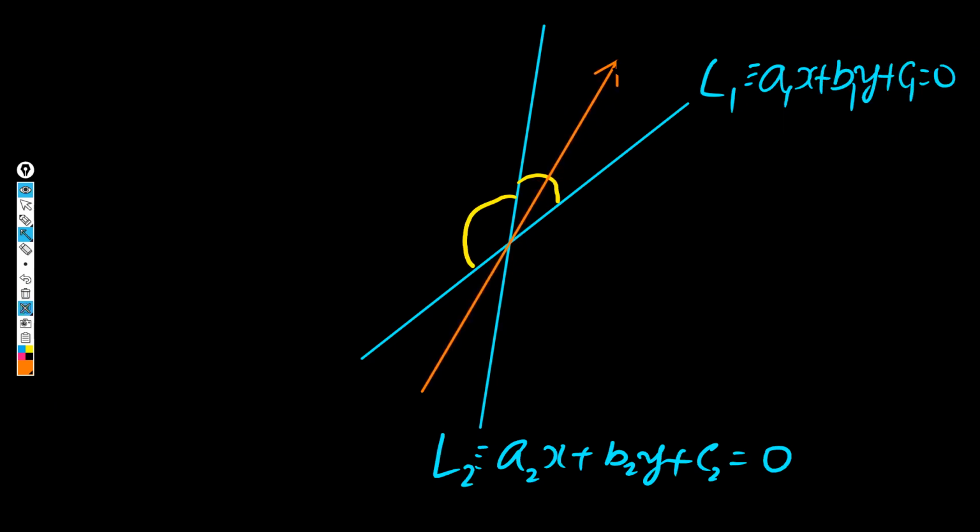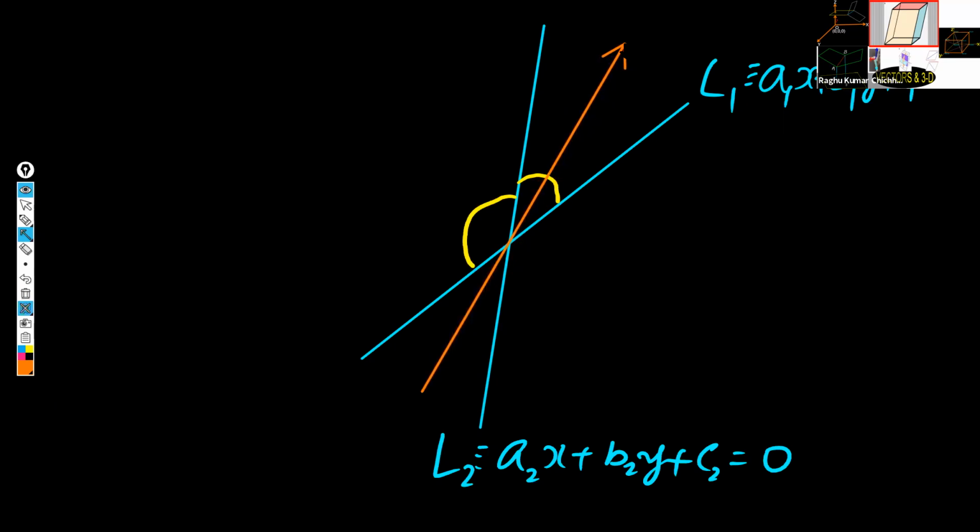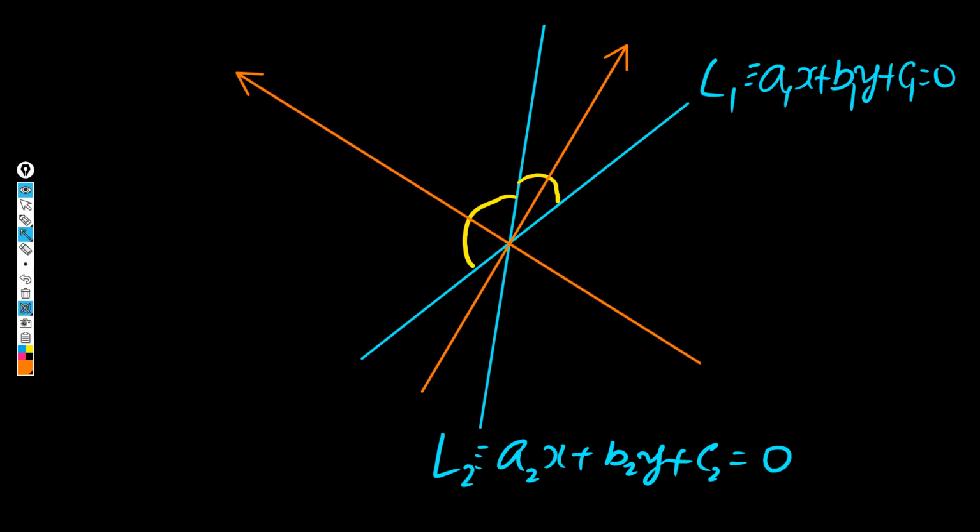Yeah, this is acute angle bisector. And the line which bisects the obtuse angle is nothing but the obtuse angle bisector. I think it is very clear for you.